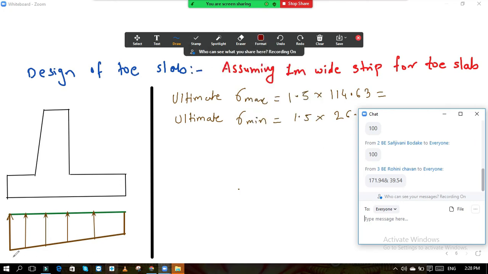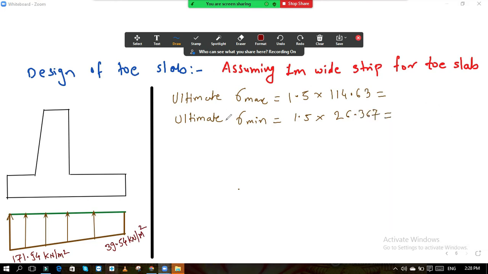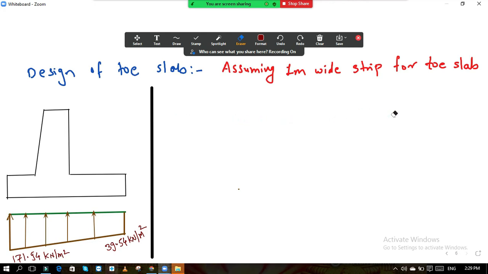So this value, it is 171.94 kilonewton per meter square, and this value 39.54 kilonewton per meter square. Okay, so here, I will erase this now. So these are the ultimate values.